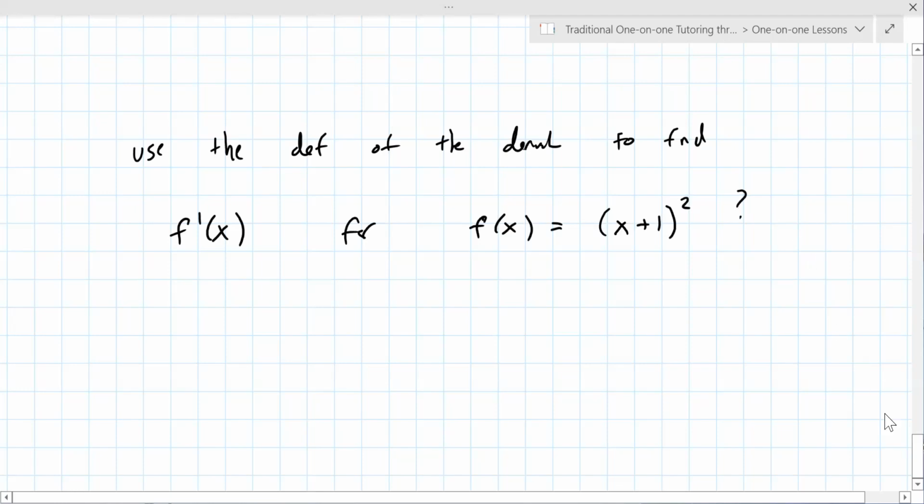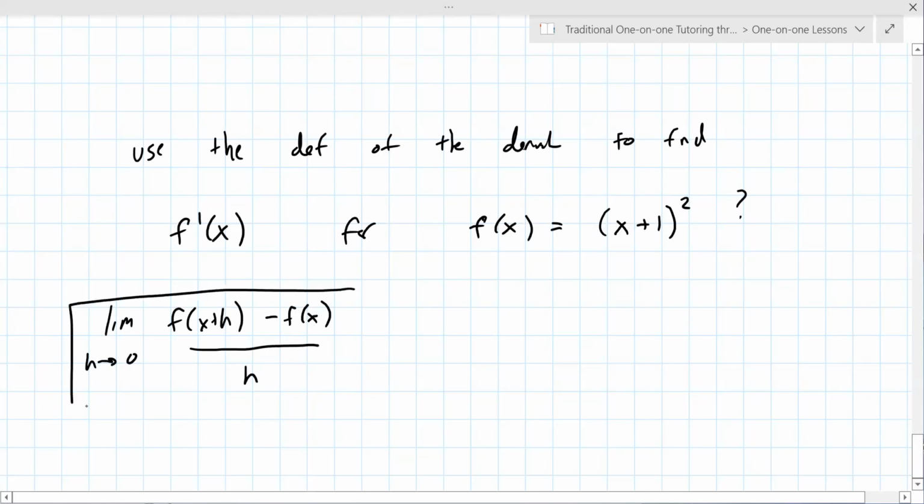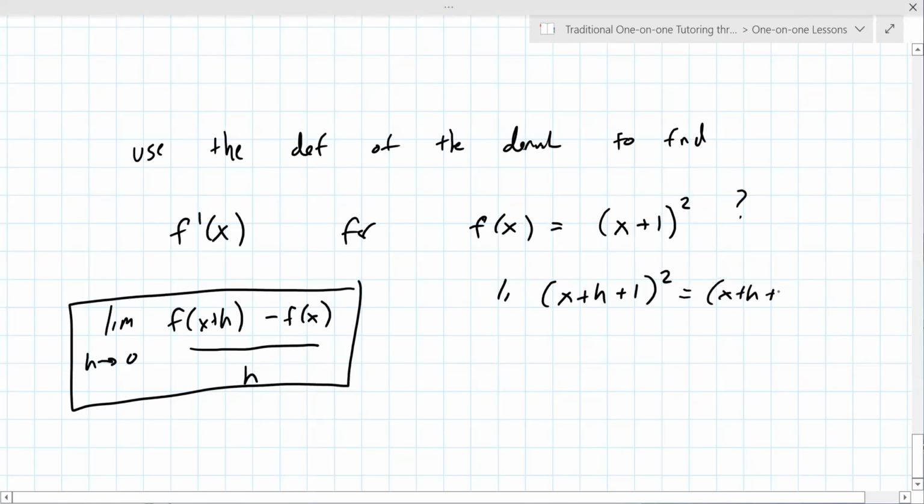There's a couple ways to do this problem. I'll write out the limit definition. And you do have to know that. You have to have that tucked away so you can pull it out on the exam. There's two options. The first option is to go (x plus h plus 1) squared, because you have to put x plus h in for x, and then you expand it.